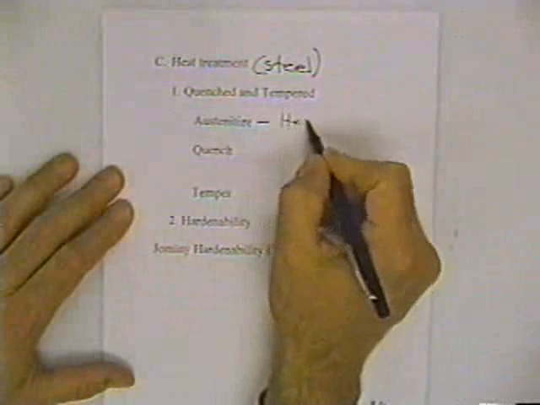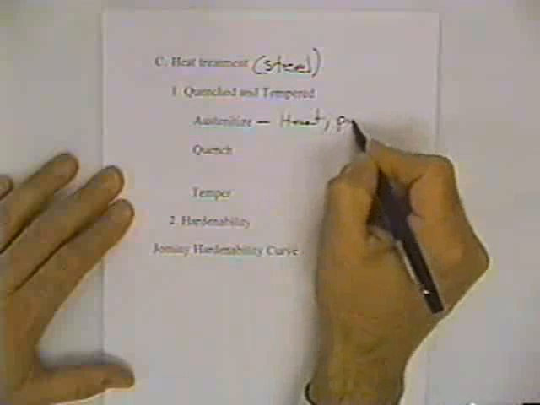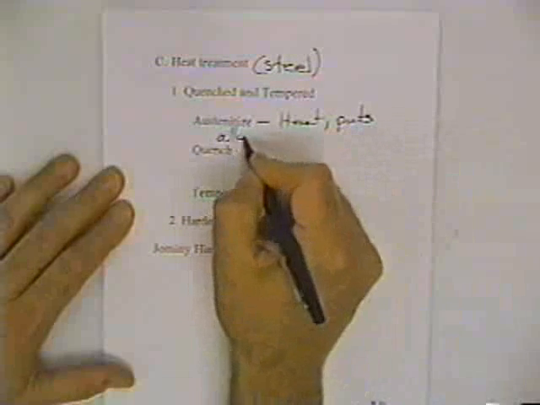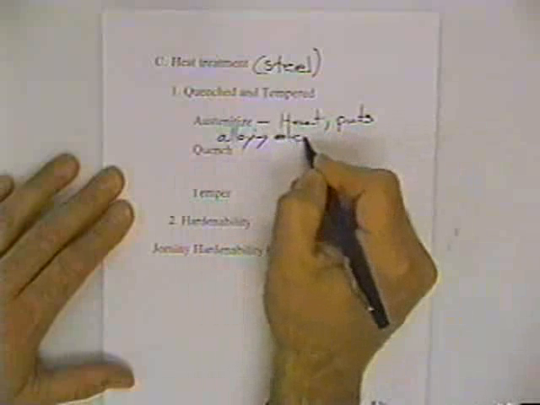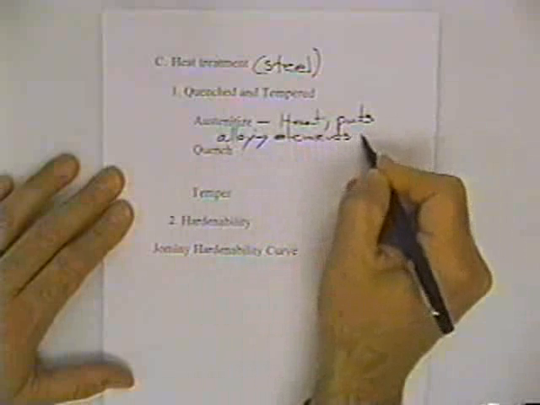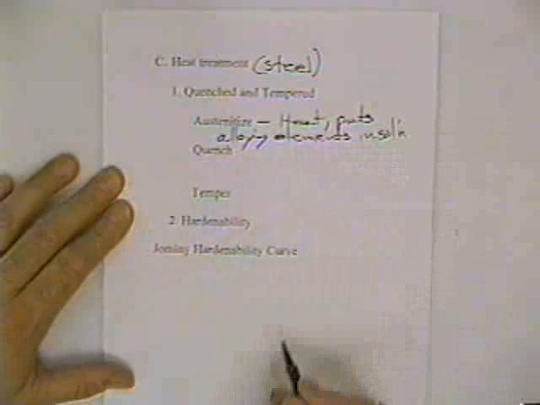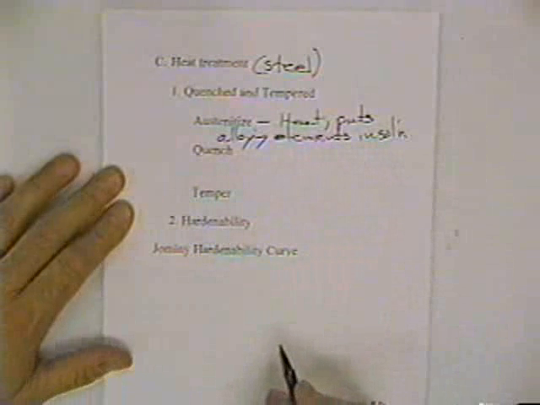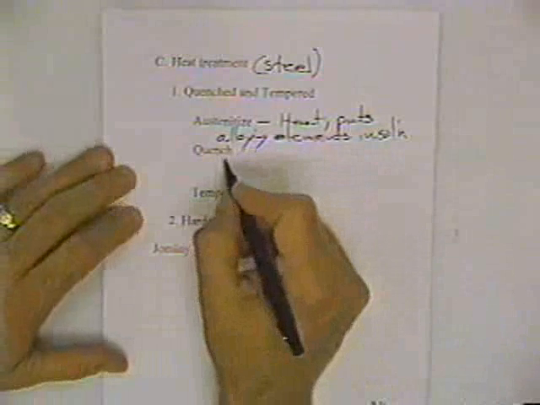or heat. This puts alloying elements in solution. The second stage is to quench.